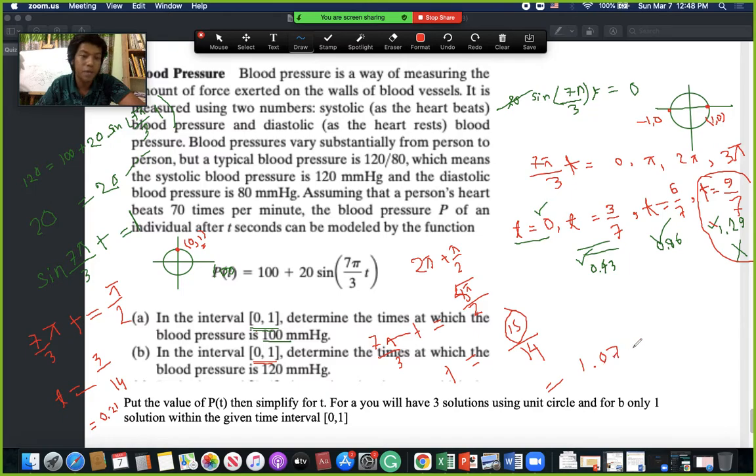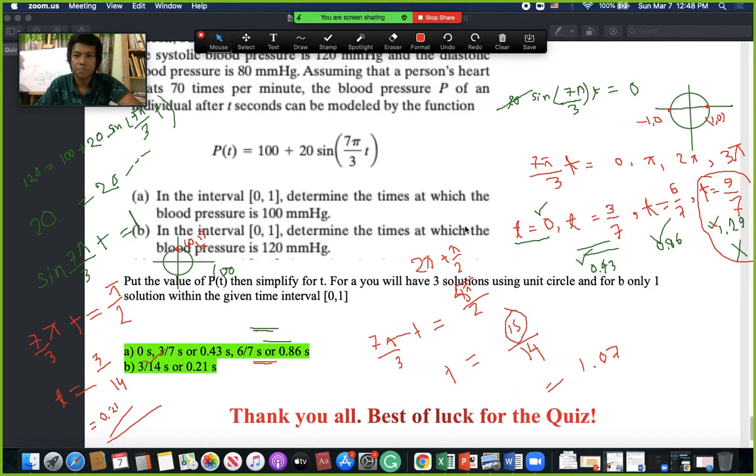So this is beyond the limit. The limit is set to 0 to 1. That's why for this part we have only one solution. But for the other part, since there are many solutions within the given interval, we have a couple of solutions. Since you had a question about this, I have taken some time for this question.